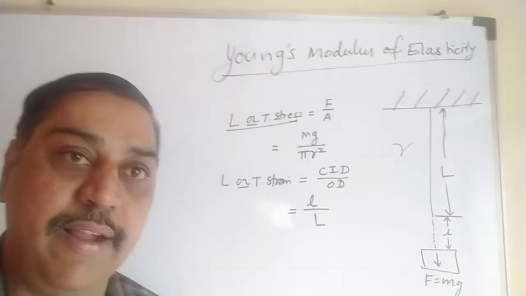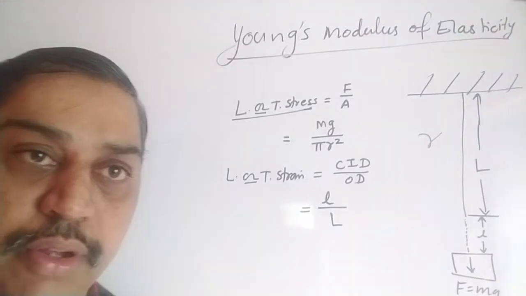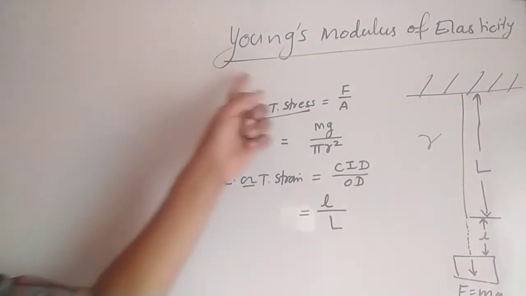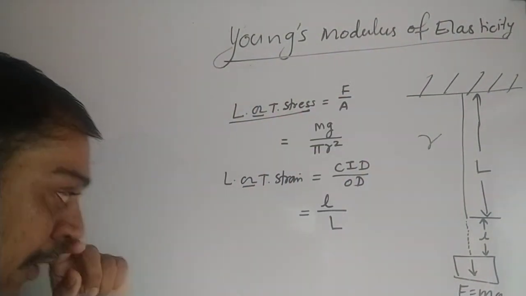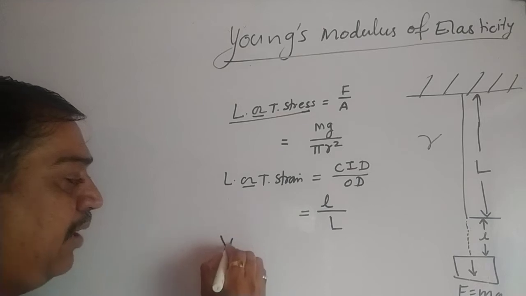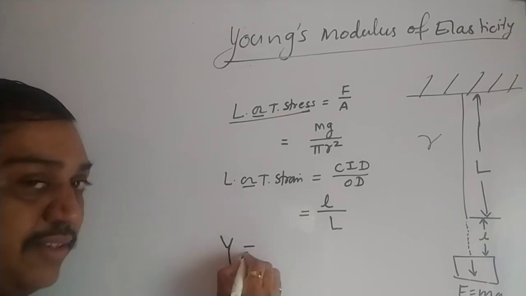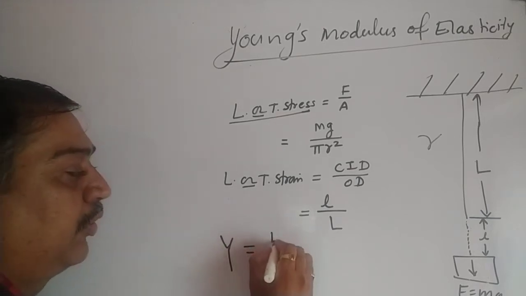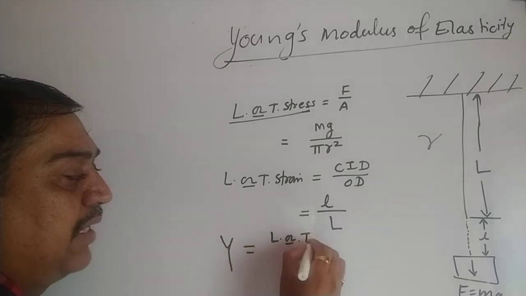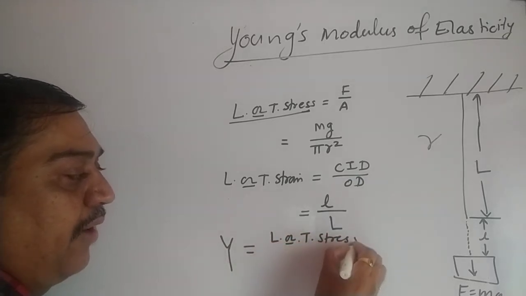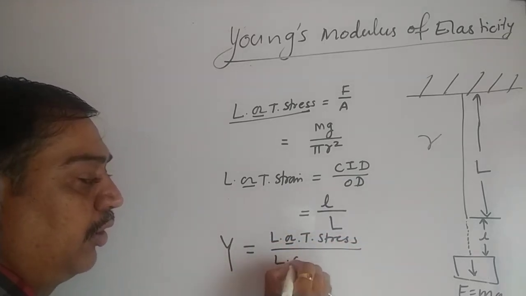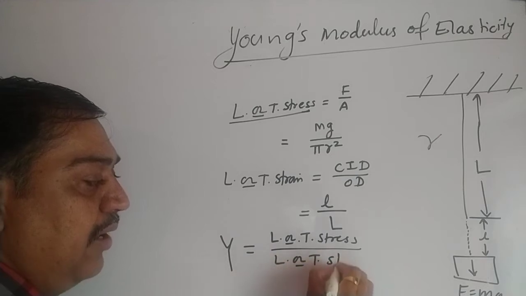Now what should we do further? We have to find the Young's modulus according to Hooke's law, represented by capital Y, which is longitudinal or tensile stress divided by longitudinal or tensile strain.